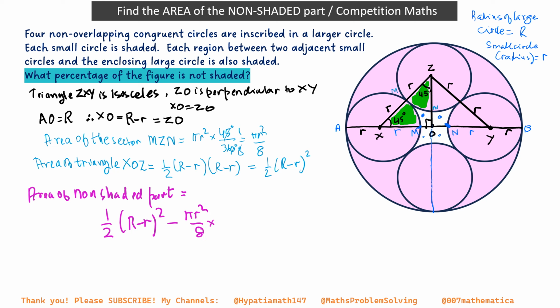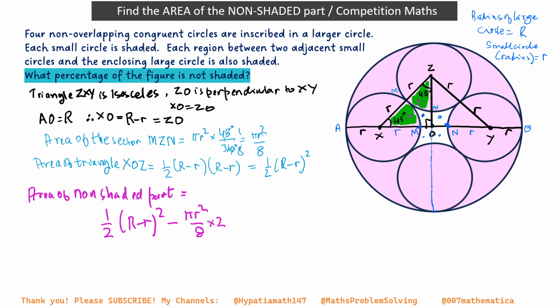But we need to multiply it with 2 because there are 2 of these shaded segments, not arcs as I was saying, an arc is a line. There's a segment, I don't know why I keep saying these. Sorry about that.